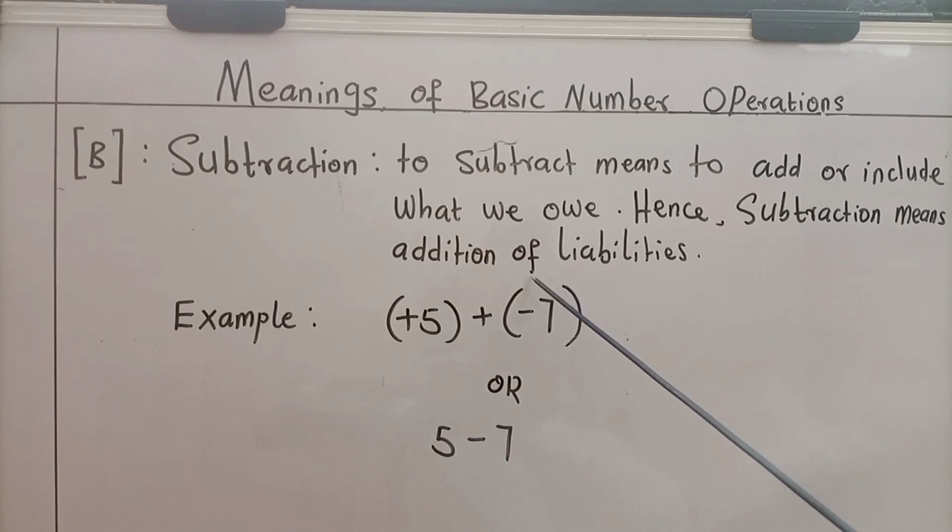We can also simplify this process to be this. That is having 5, owing 7, minus 7. This addition can take place in our mind. It means that many times we don't include addition of something in our written expressions.